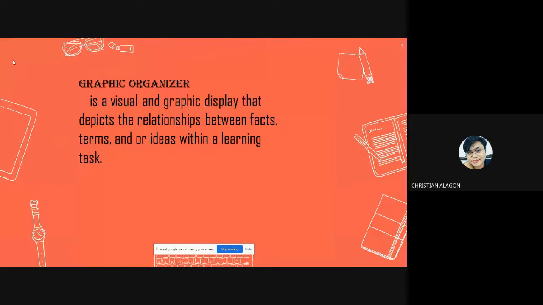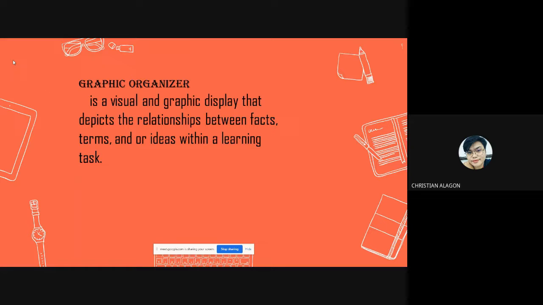Our first topic is graphic organizer. We are familiar with graphic organizers; we have a lot of them all over the place. A graphic organizer is a visual and graphic display that depicts the relationship between facts, terms, or ideas within a learning path. A graphic organizer should not be bombarded with paragraphs or sentences, because it needs shapes and lines to interconnect ideas and facts together.